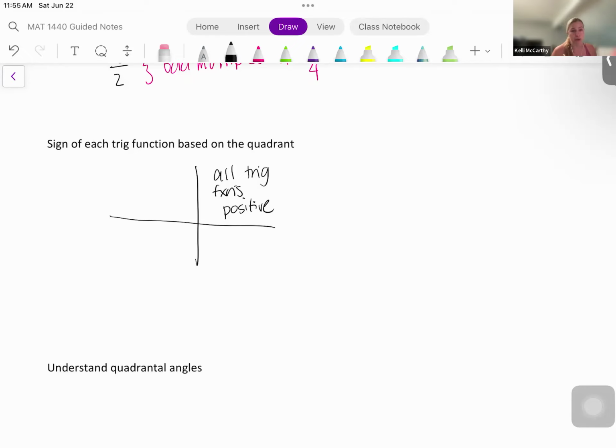In quadrant 2, only sine is positive. In quadrant 3, only tangent is positive. And quadrant 4, only cosine is positive.